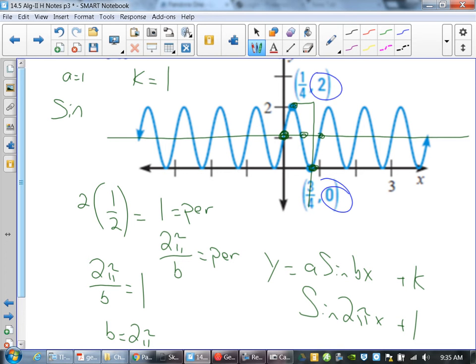Could you write the equation as if you had the 0 line at 0 and it's shifted up?